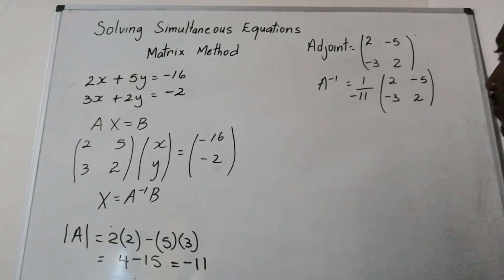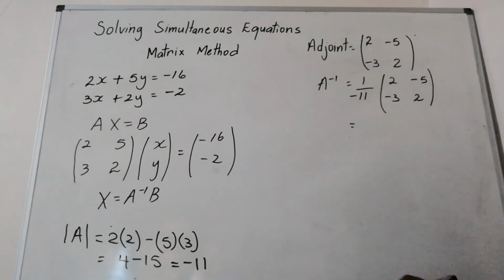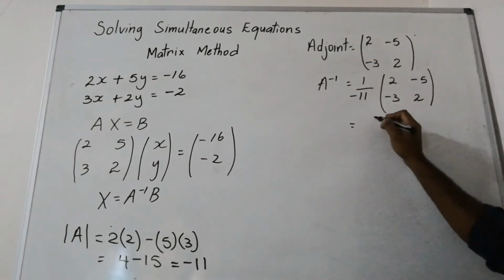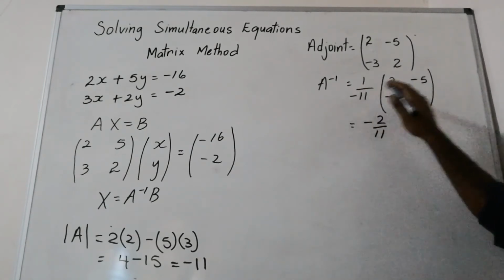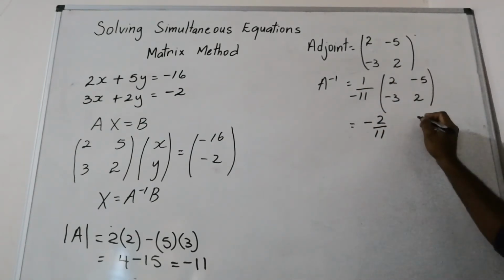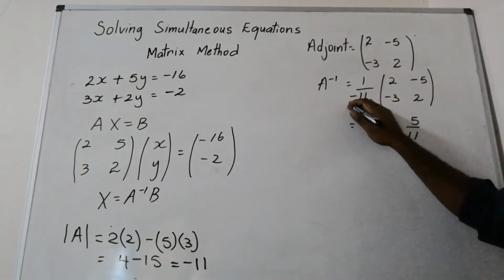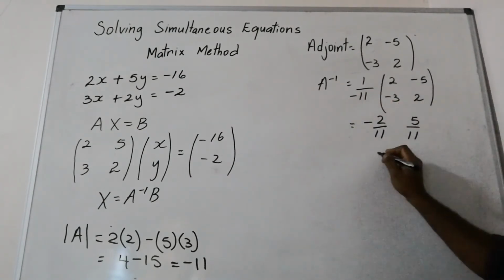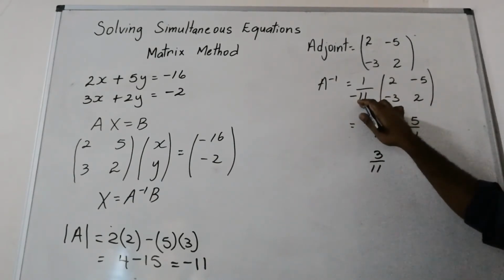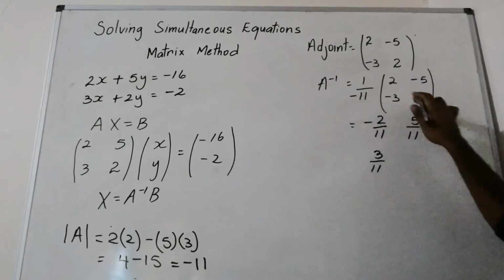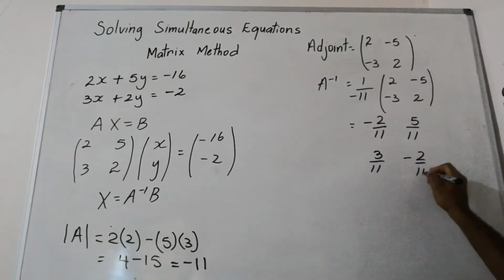So that will give us, multiplying each term by 1 over negative 11, minus 2 over 11. Negative times a negative is a positive, which will give us 5 over 11. Again, negative times a negative gives us a positive 3 over 11. And negative times a positive gives us a negative, which will give us minus 2 over 11.